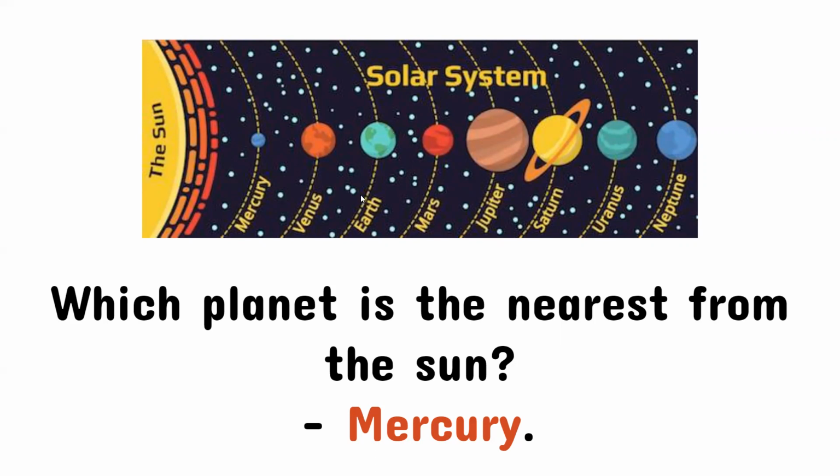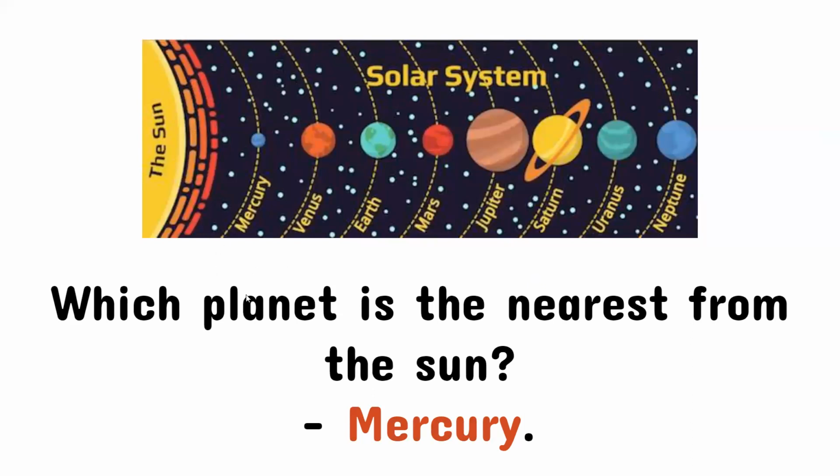Then we have Venus, then Earth, then Mars, then Jupiter, Saturn, Uranus, and the last one, the farthest, is Neptune, okay? If Pluto was considered a planet, then they would have said Pluto is the farthest. But here, the farthest is Neptune, and the nearest is Mercury, okay?